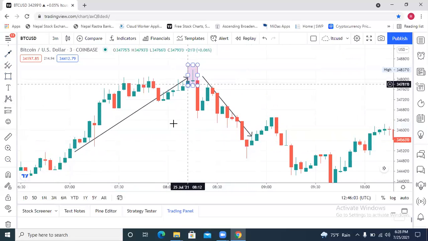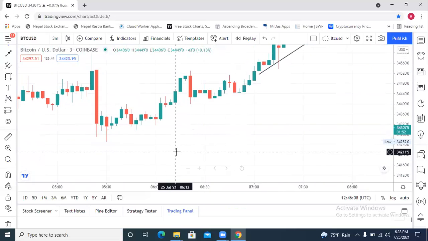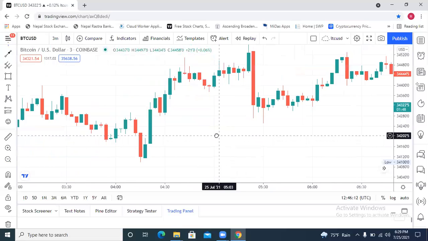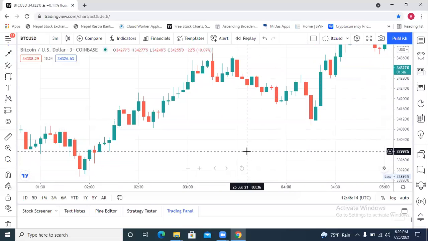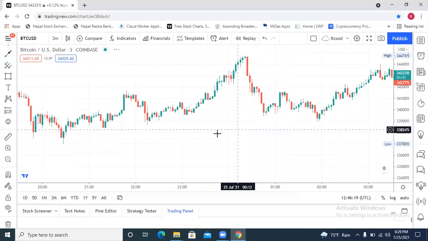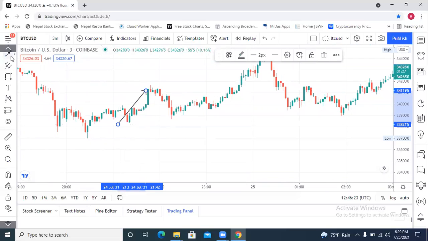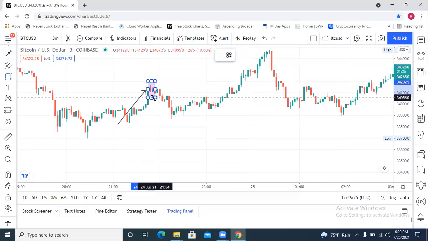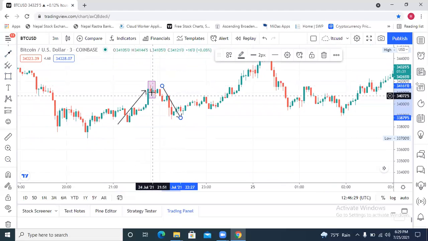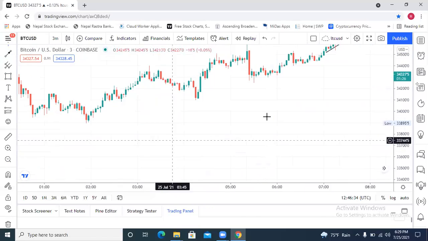See, this is how it is working. Let's see more examples of shooting stars. You can see over here the market is up. Right here, the red candle, the market will go down after this shooting star pattern. See how this is working beautifully.